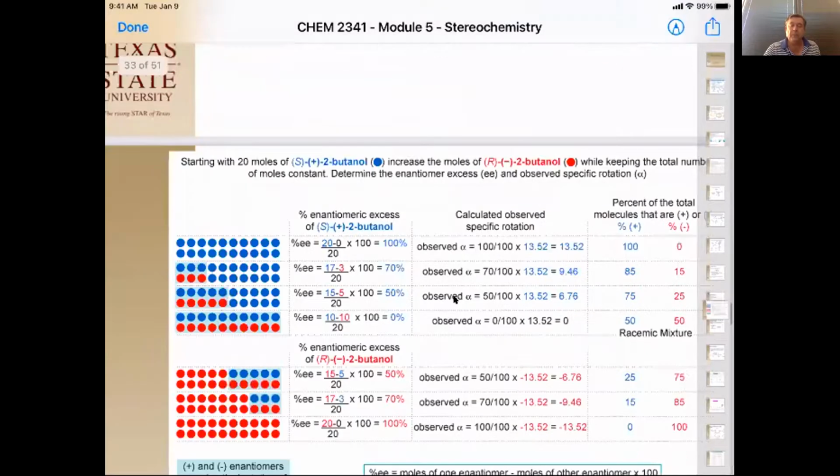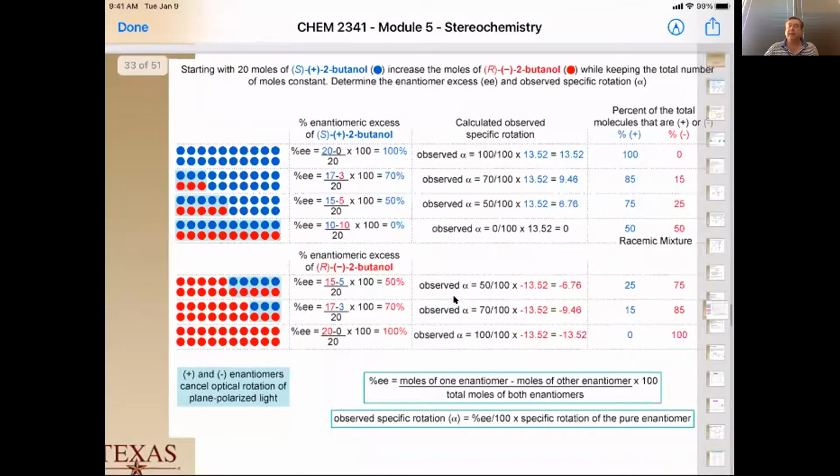The weird thing is that it's not going to be, oh, I have a 50-50 mixture, I have 0 rotation. I have 10% of the impurity, so it's going to be 90% of the optical rotation. No, because we have 10% rotating it one way, and then it cancels out 10% of it rotating the other way, which means we're only measuring the remaining 80% is the one that actually is doing it.